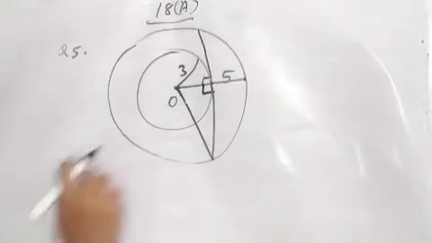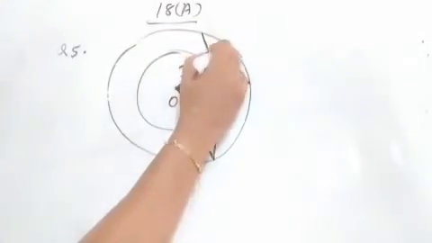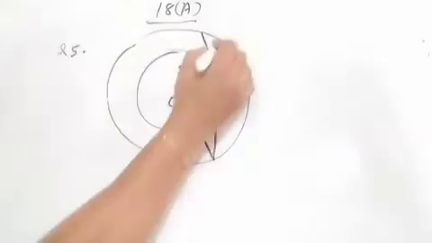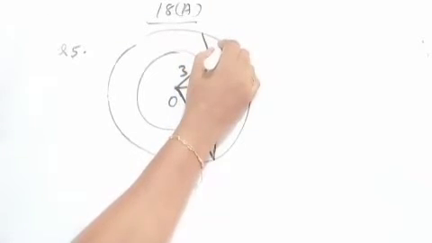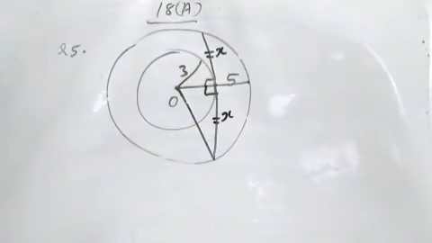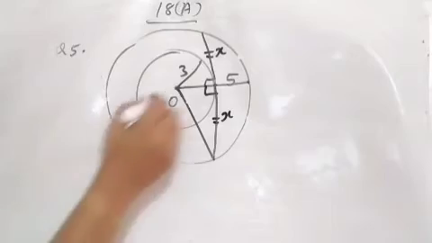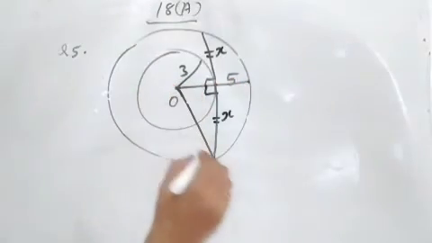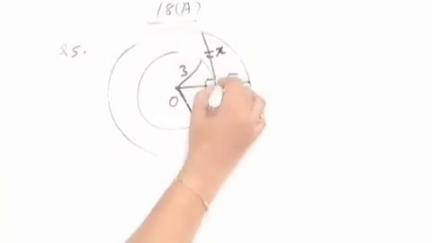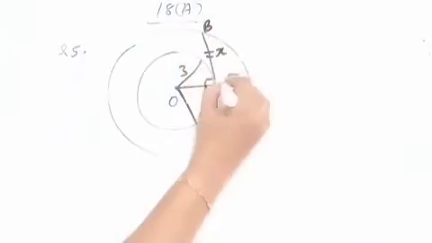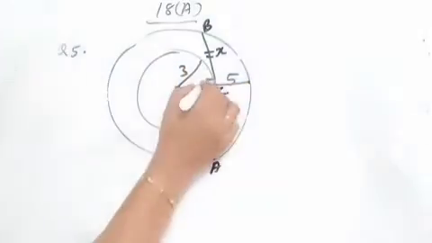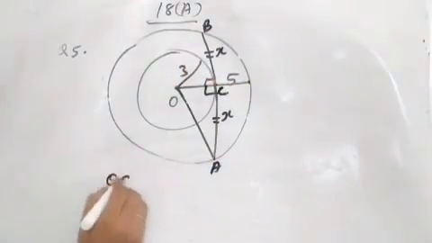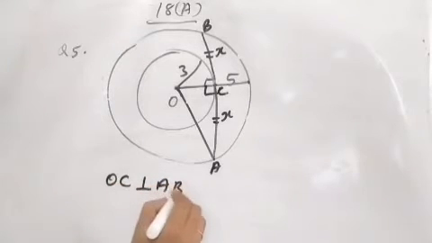Now we can take these two portions are equal. This is x and this is also x. Let us complete this triangle. This is O, A, B, C. So we know that OC is perpendicular to AB by the theorem.